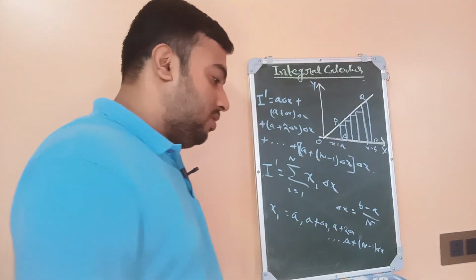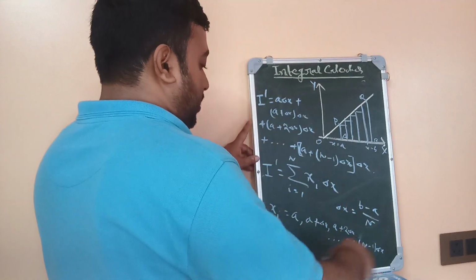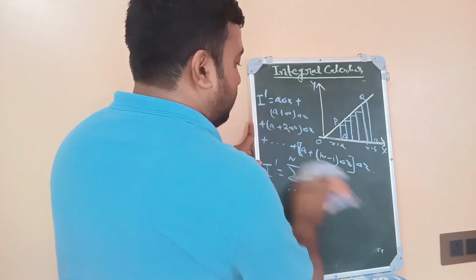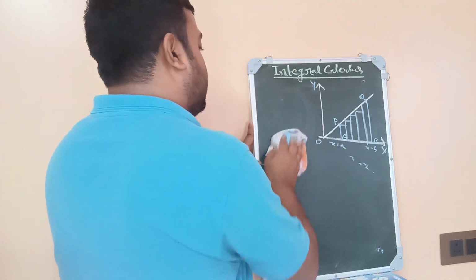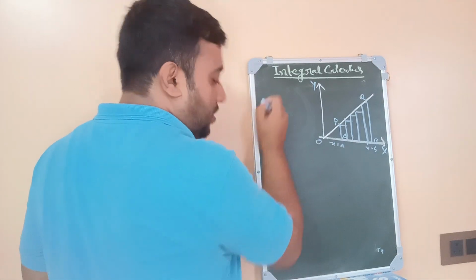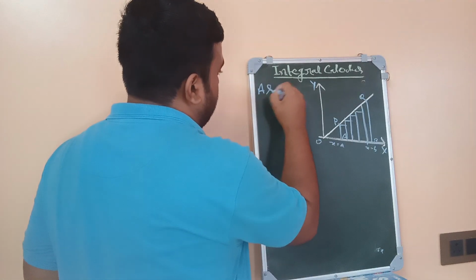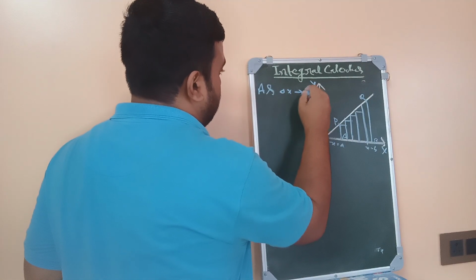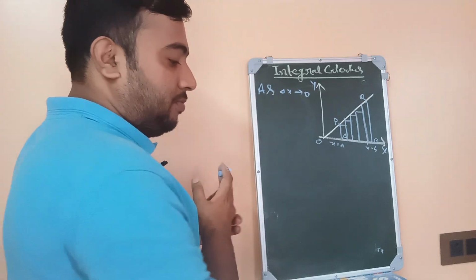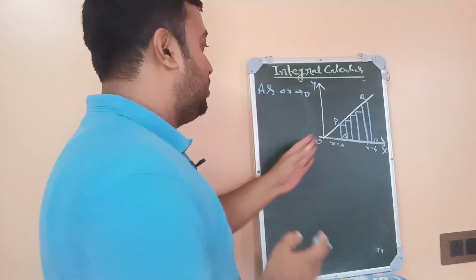Okay, so thus the required area, if delta x tends to 0, from the basic definition of integration, we can say that as delta x tends to 0, the total area of the bars becomes the continuous area.